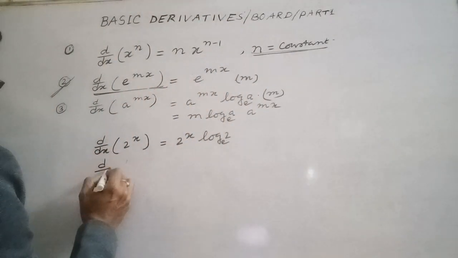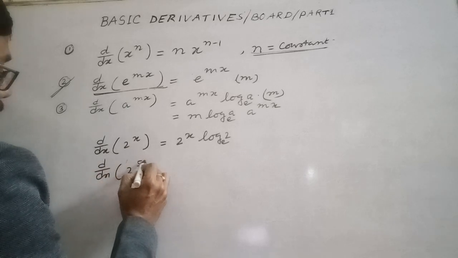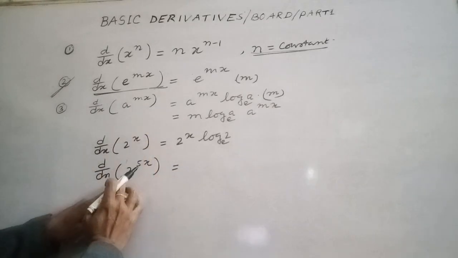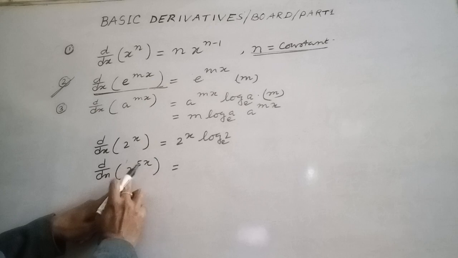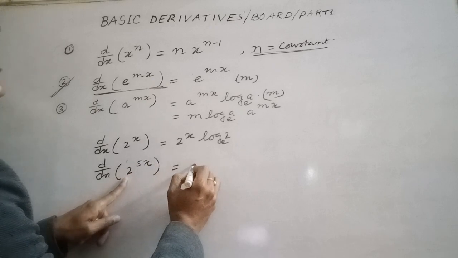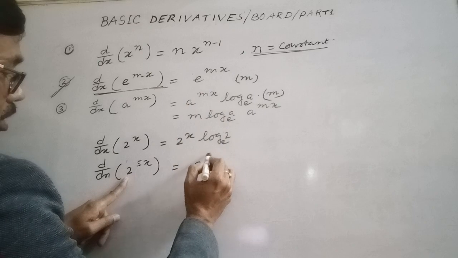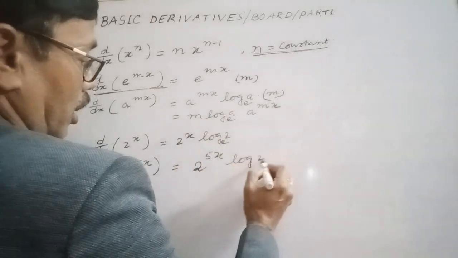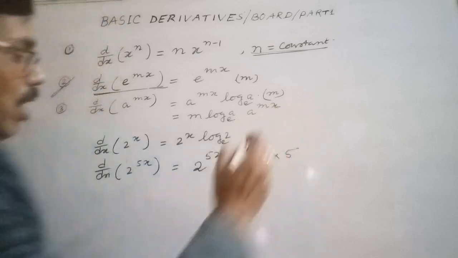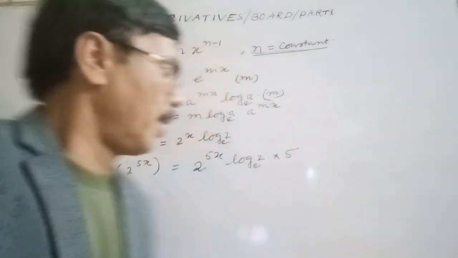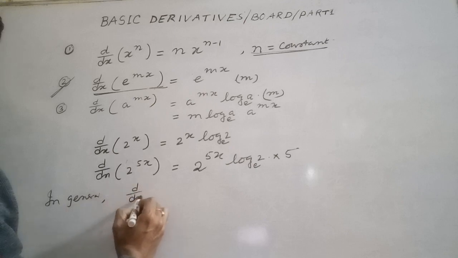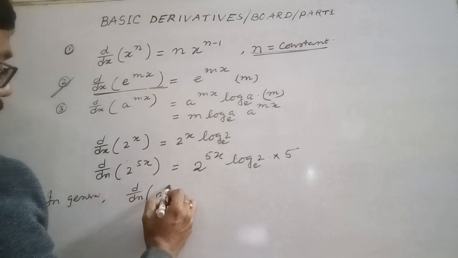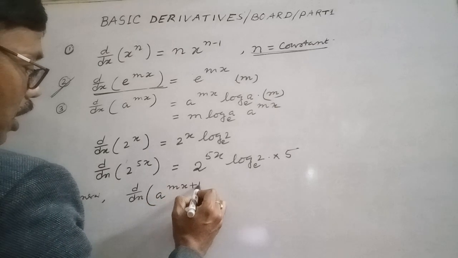Now, d/dx of 2 to the power 5x. Look, the base is constant and the power is variable, so it is applicable: a to the power mx into log 2 into the coefficient of x, 5. Now, in general, d/dx of a to the power mx plus b.